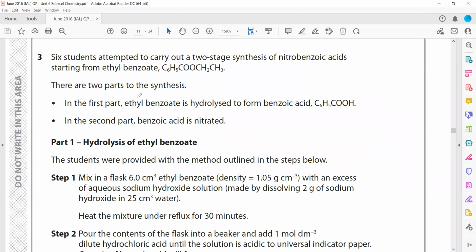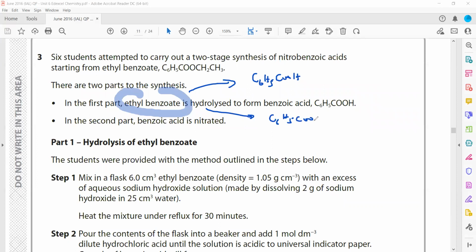As a result, it produces C6H5COOH, and it reacts with sodium hydroxide to give C6H5COONa. This is a soluble substance, and this is also a soluble substance.